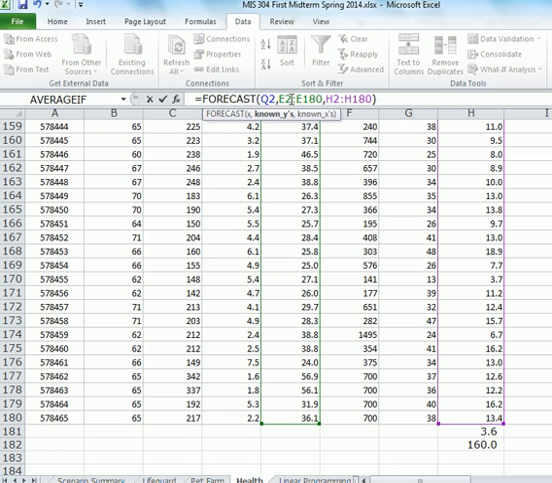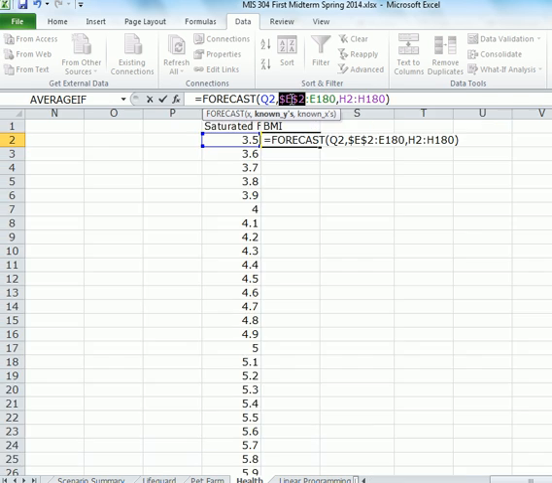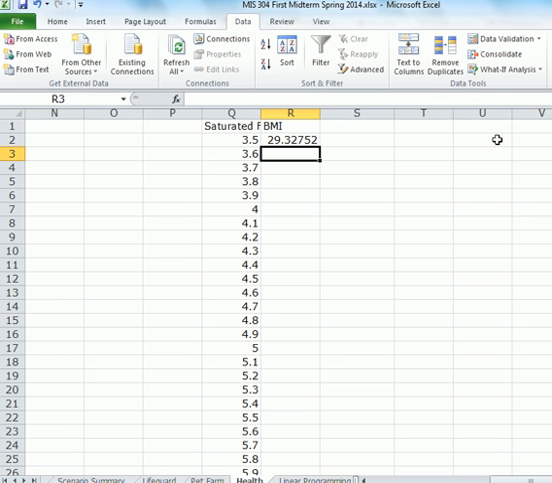As we said, we only have one set of values, so I need to fix that range. I'm hitting F4 in order to fix them. And then I copy.